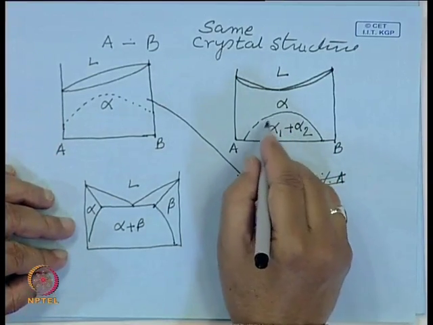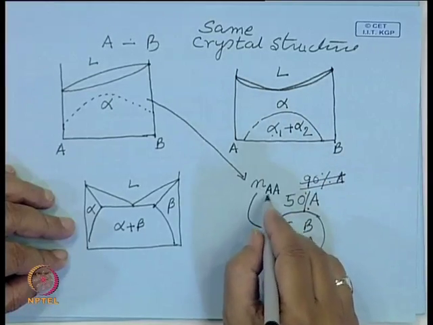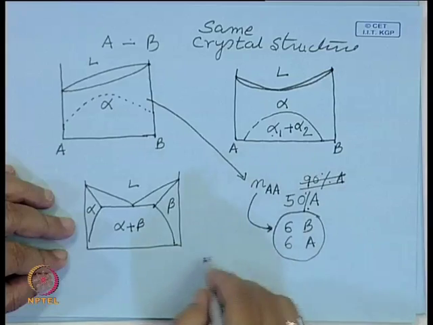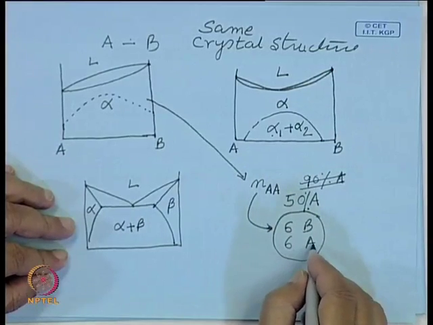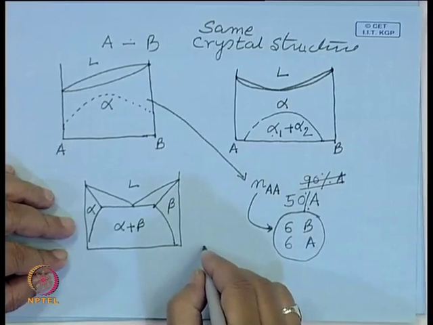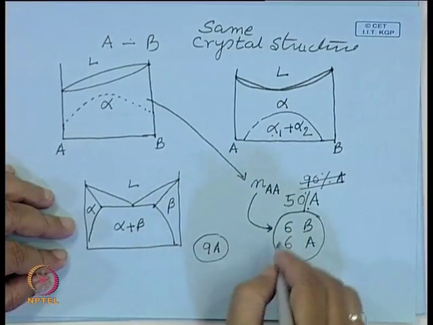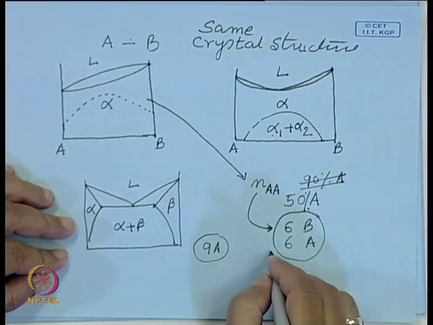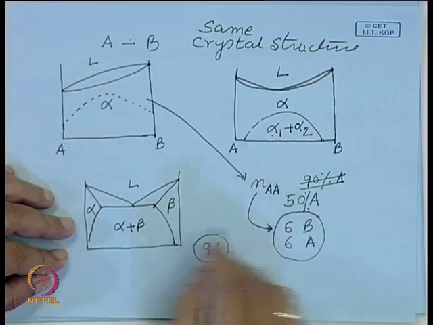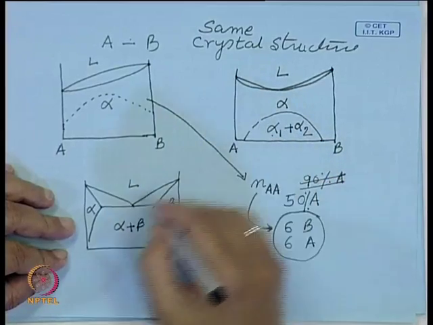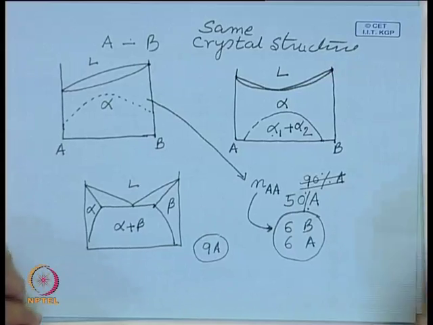Now, if clustering forms, then the number of AA bonds will increase. That means, instead of 6 A atoms, it may have 9 A atoms or even more surrounding an A atom. Similarly, each B atom may have 9 or 10 B atoms surrounding it. That way a cluster forms and ultimately it leads to a eutectic type of phase diagram.